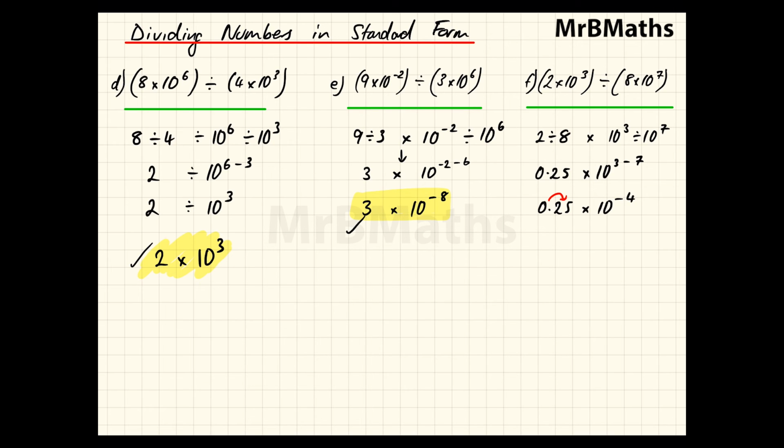Now because I've increased that number, I've gone from 0.25 to 2.5, that in itself is an entirely different number. What I need to do now is adjust the times 10 to the power of. Because I've increased this number, I have to decrease the power. So how I do that will be times 10 to the minus 5.